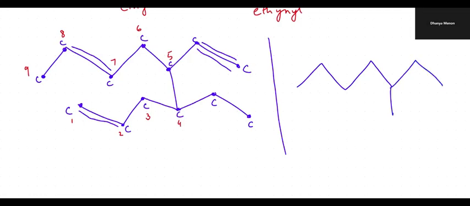Okay. Over here it is like this, so here there's a double bond, here there's a double bond, here there's a triple bond. Okay, so if we number from here 1, 2, 3, 4, 5, 6, 7, it is getting only 7 carbon atoms. So we will not go this way.